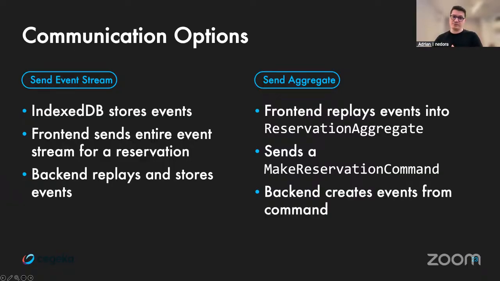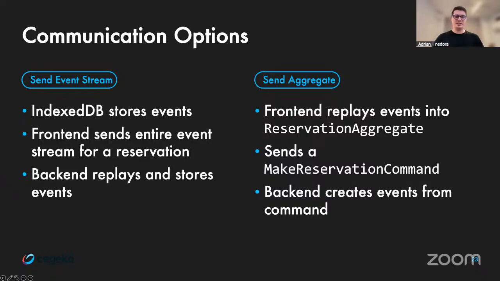On the other hand, we can send the aggregate to the backend as a command. It's exactly the example that I have presented with the make reservation command. In this approach, the front end still stores the events locally and replays them into a reservation aggregate on the client.